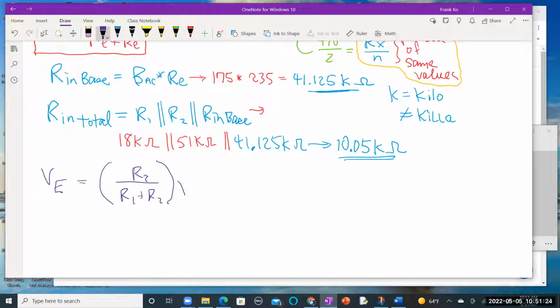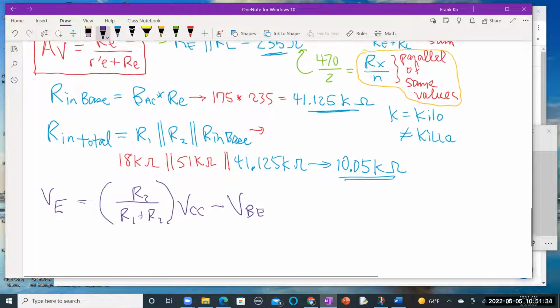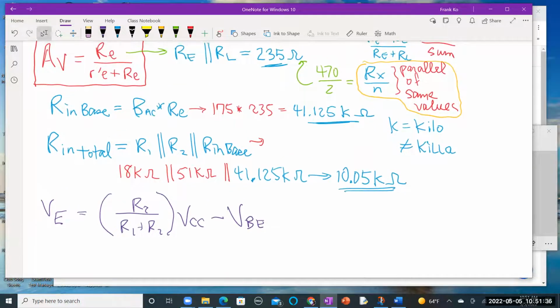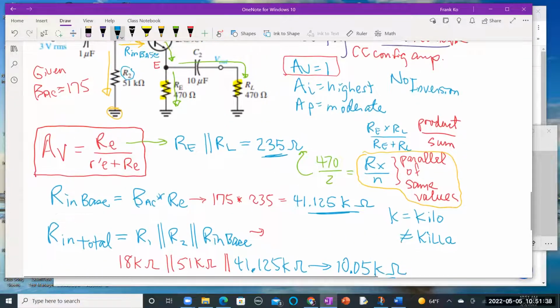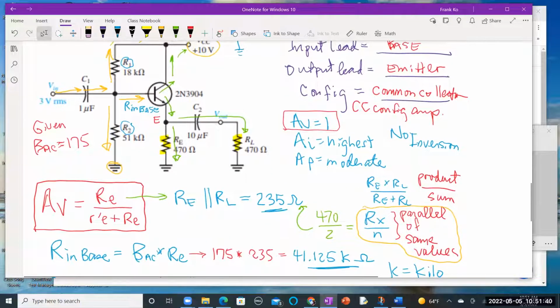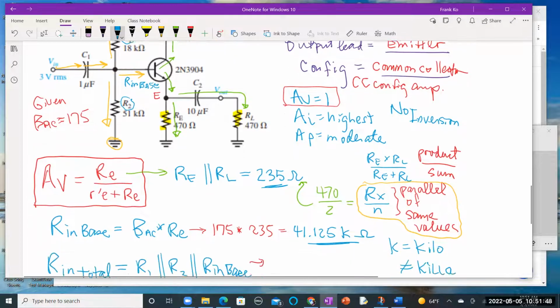And you multiply that by your source voltage, and you subtract your BE junction voltage. Looks really complicated. It ain't. You're calculating a voltage divider between R1 and R2 to find the voltage at the base based on 10 volts at the top.